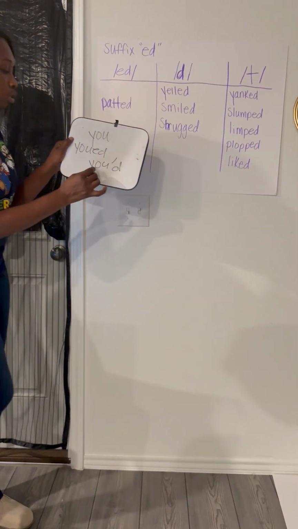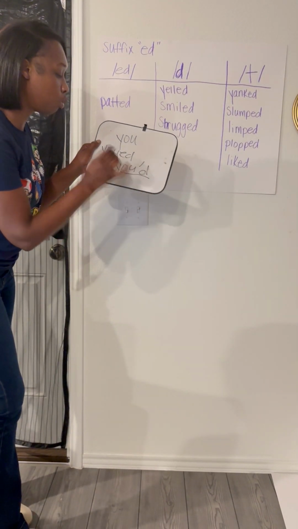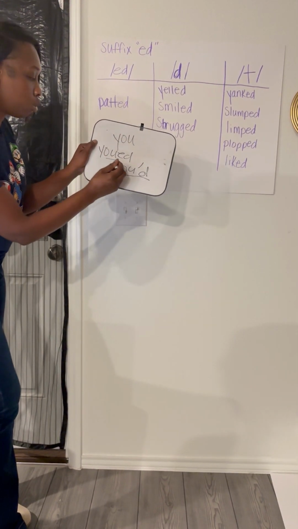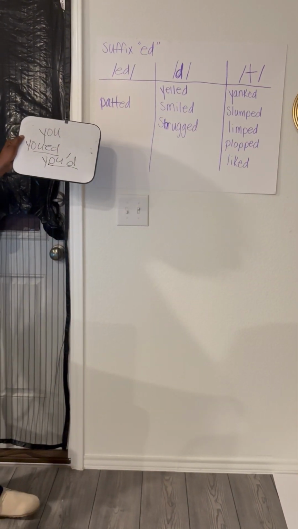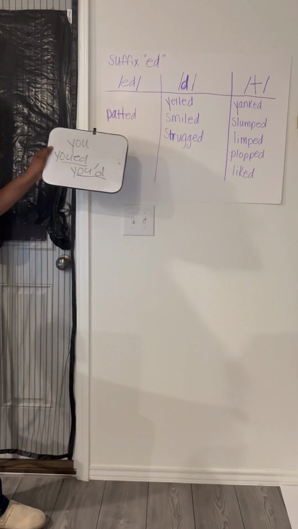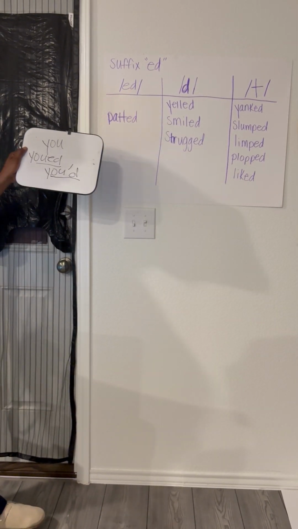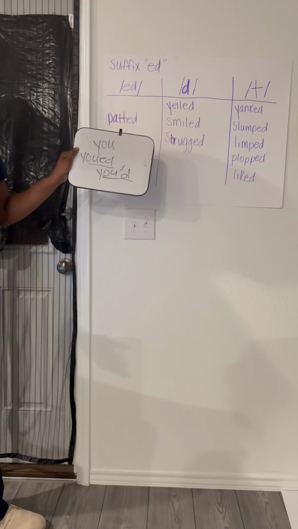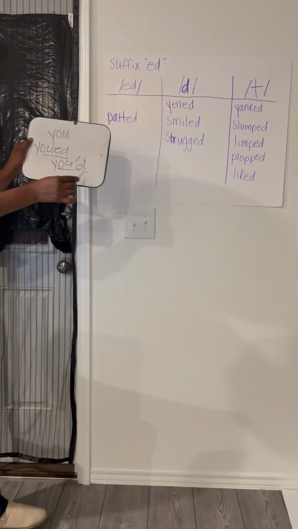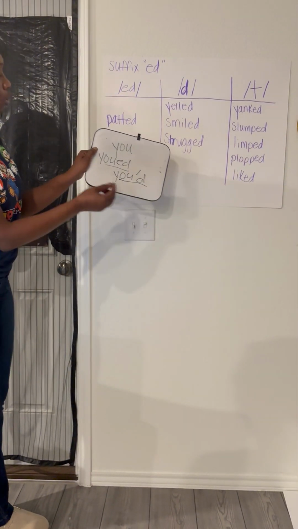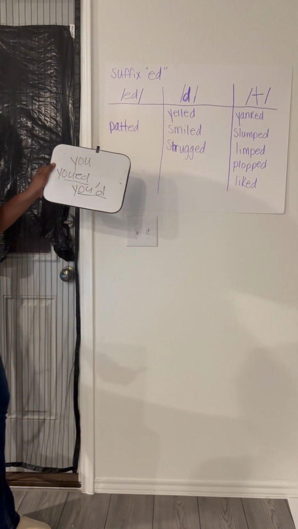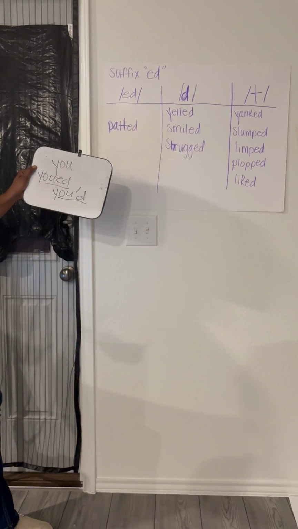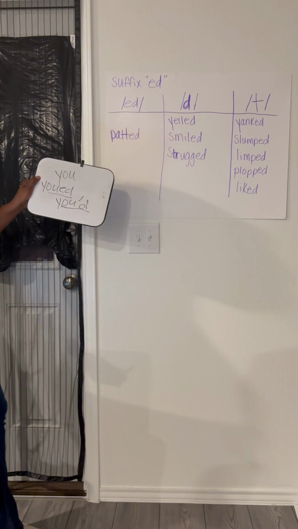Why do you think we write it like this, you'd, instead of the ed? Because U is different. U is an irregular word. That's what makes it different from our other words. So that's what makes U a tricky word.